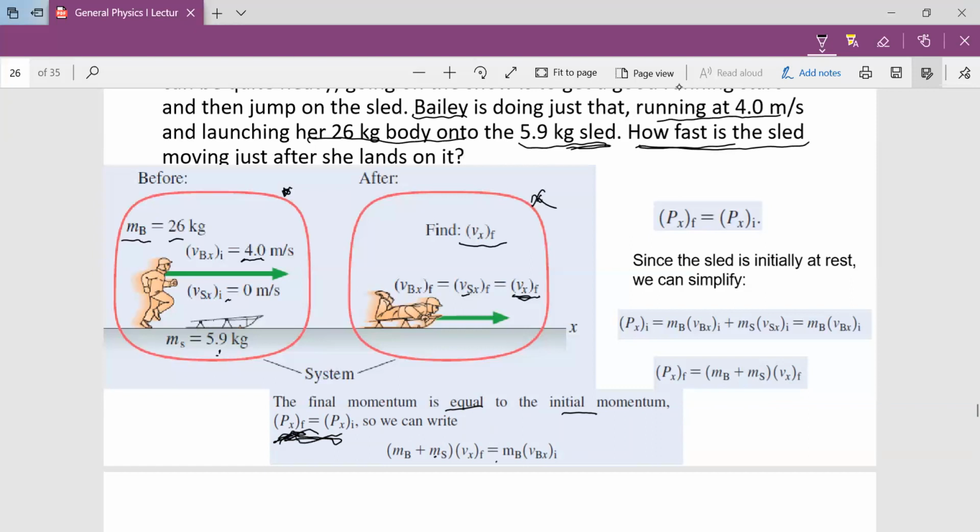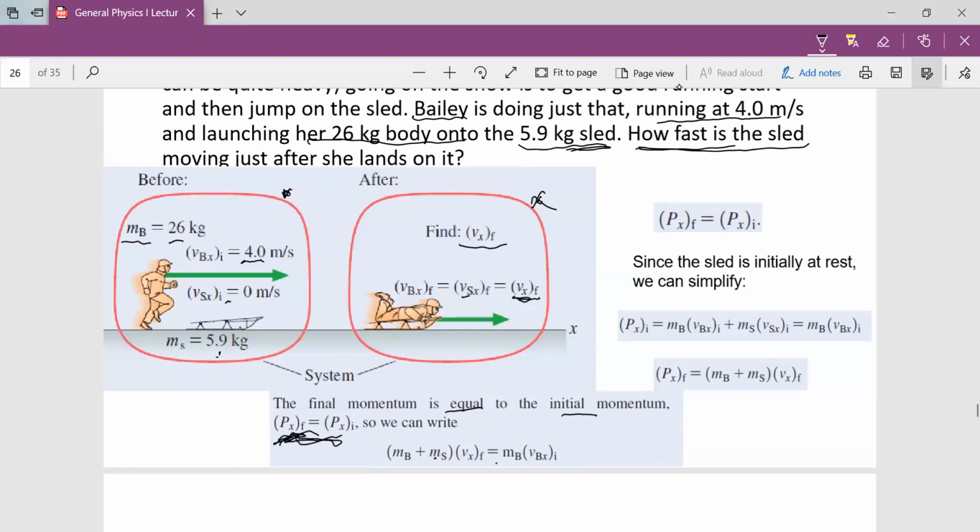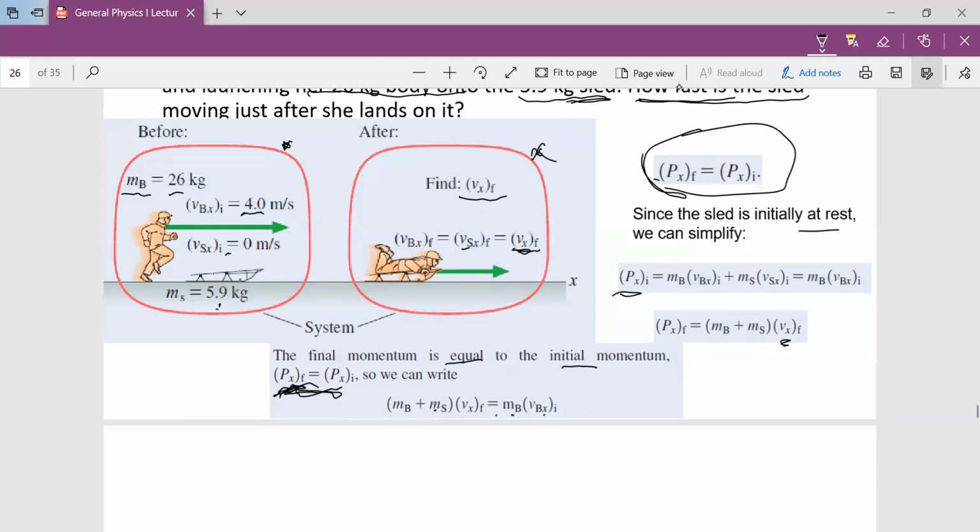The mass of Billy and the velocity of Billy is the initial, because for the sled the velocity is 0, and 0 multiplied by the mass is going to be 0. So from this statement, we proceed to getting our initial momentum that will help us obtain the final value.